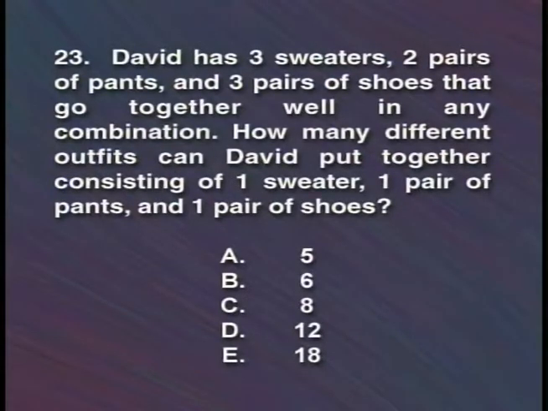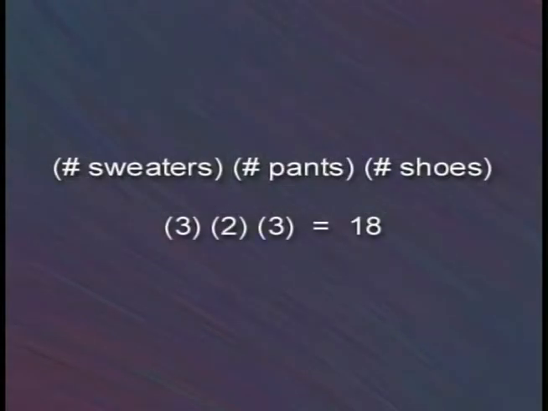The number of different outfits is calculated by multiplying the number of possibilities: the number of sweaters times the number of pairs of pants times the number of pairs of shoes. Specifically, 3 sweaters times 2 pairs of pants times 3 pairs of shoes equals 18. The number of different outfits totals 18.